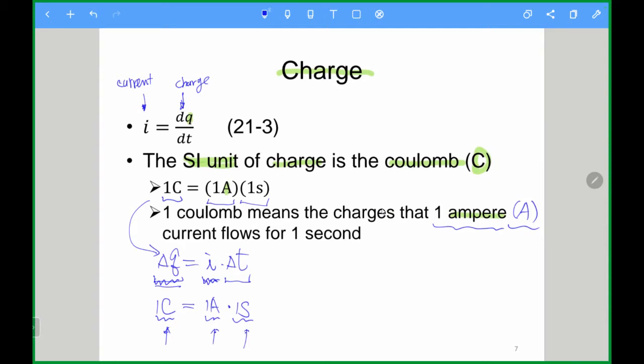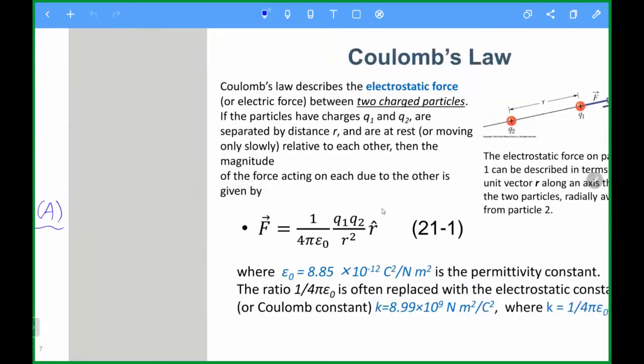Then it will be Newton per Coulomb. Then you have some equation to remember what it is. Okay, so this is a brief introduction about the charge.